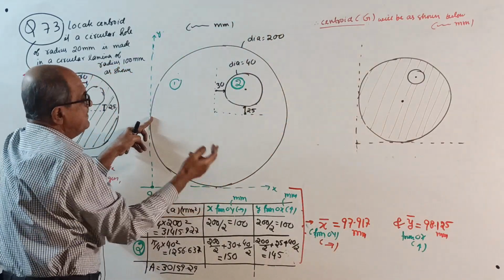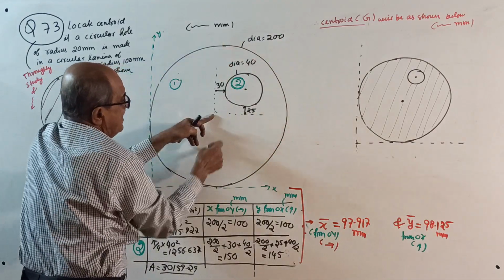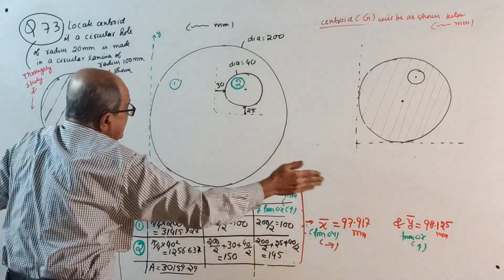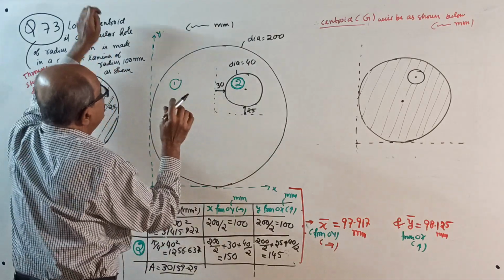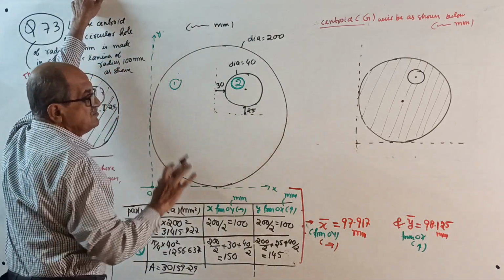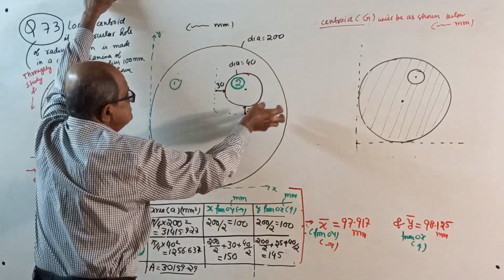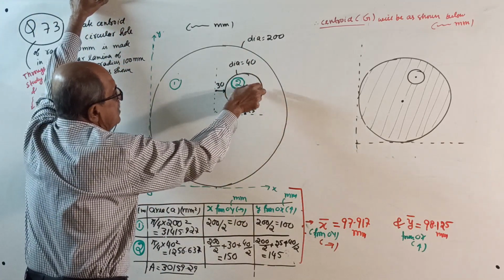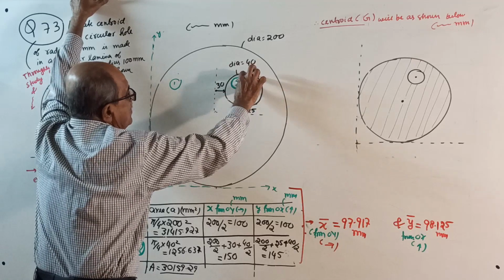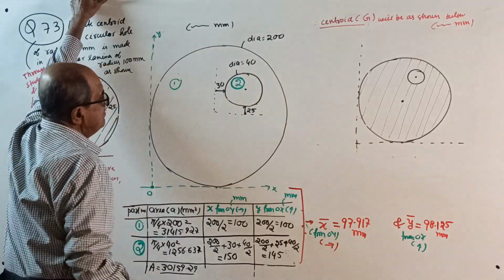If you want, write it somewhere; those who want, write it there. Actually not required. And for this removed part, radius is 20, so diameter is 40.